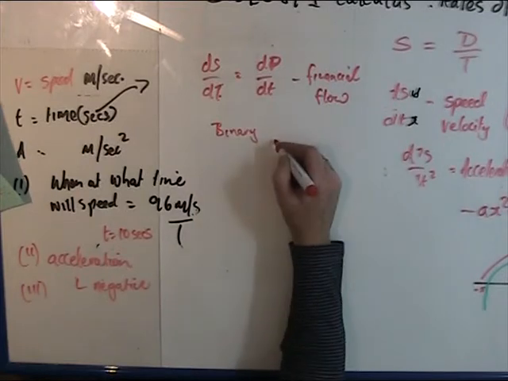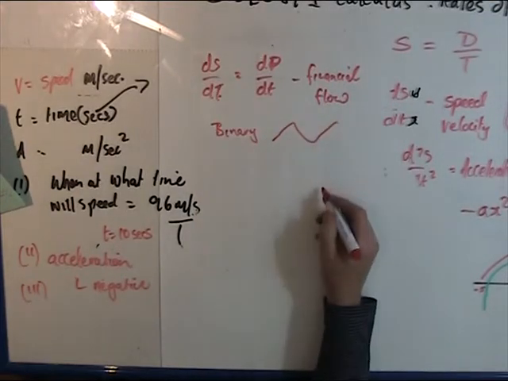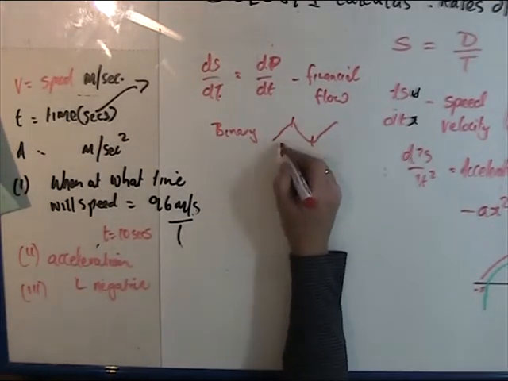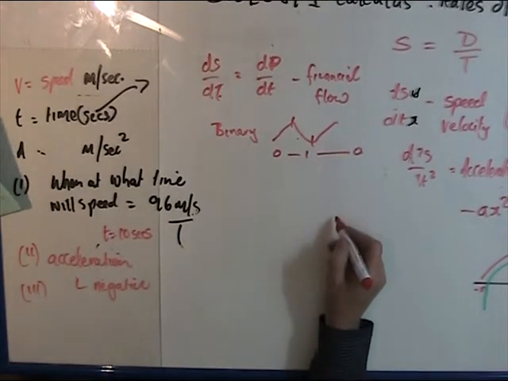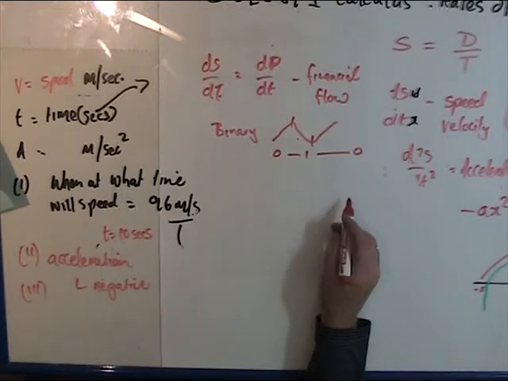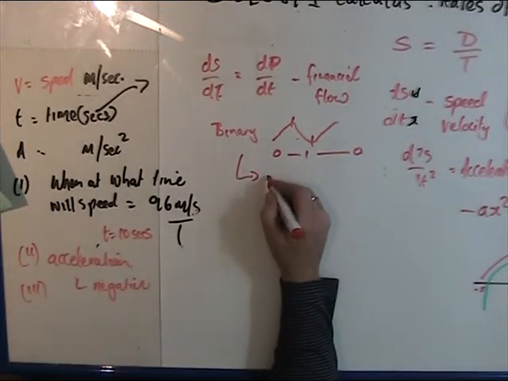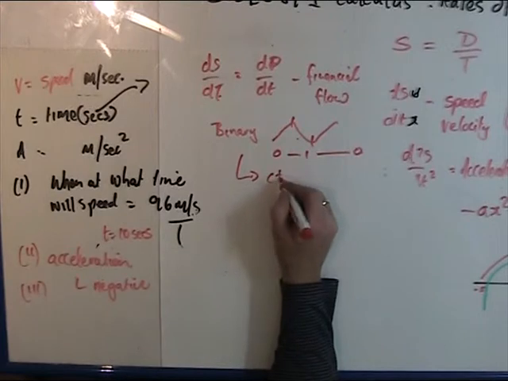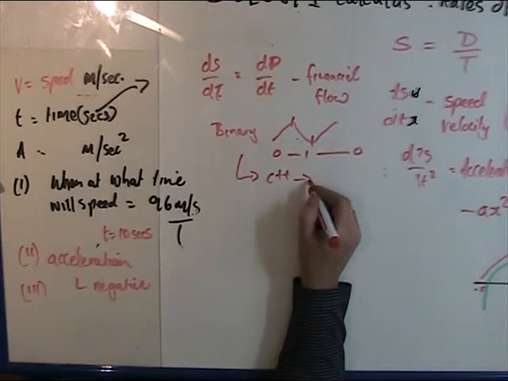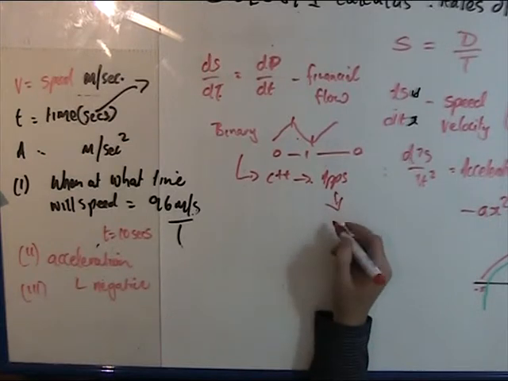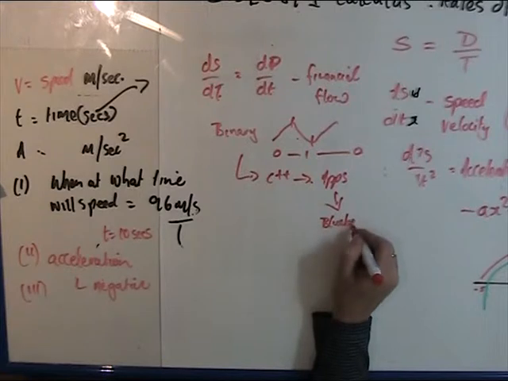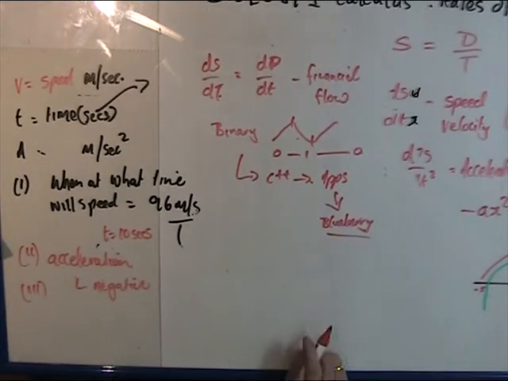Binary code was developed because of sloping up and down currents, integrating currents, hitting points where you get 0s and 1s at certain levels. This binary code led to C++, which led to your apps.